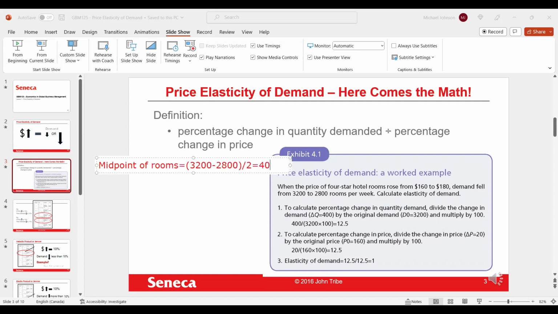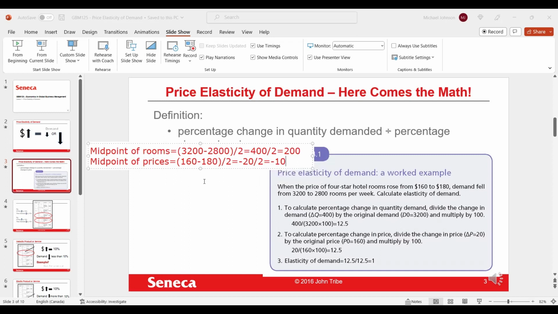That'll be 400 divided by 2, which is 200. So we have the midpoint for rooms, and then we find the midpoint for prices. So that would be 160 minus 180 divided by 2 equals -20 divided by 2 equals -10. So those are the midpoints we have to use.